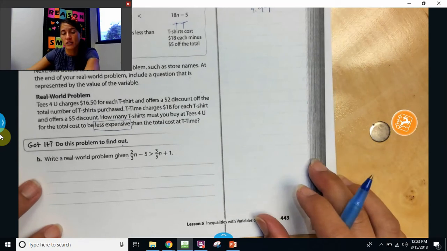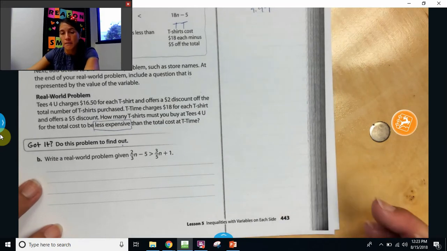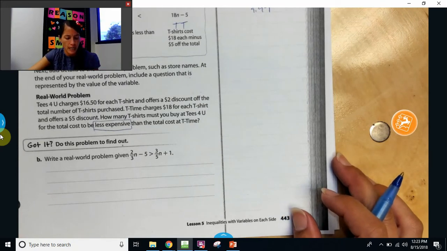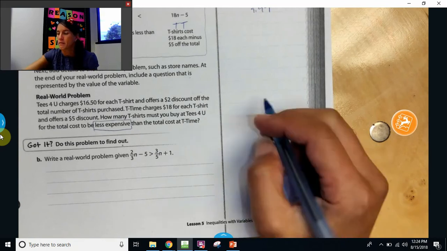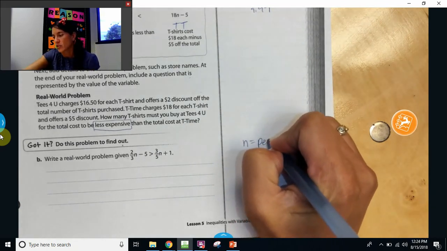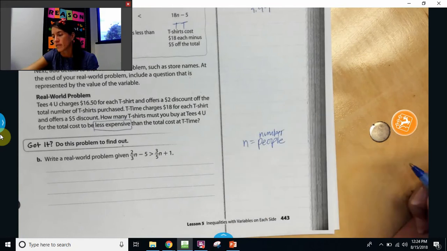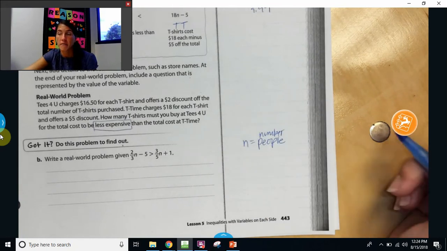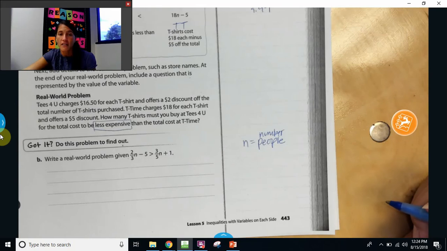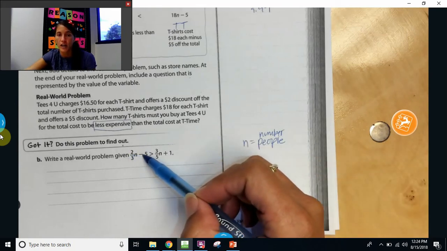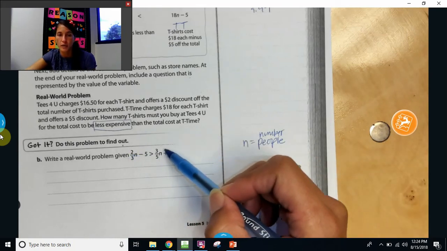In this example, I wouldn't do t-shirts, but you could say n is going to be the number of people. That's an easy one. You can do number of people, number of animals. And in this problem, we have 2/3 of the number of people minus 5 and 3/5 the number of people plus 1.